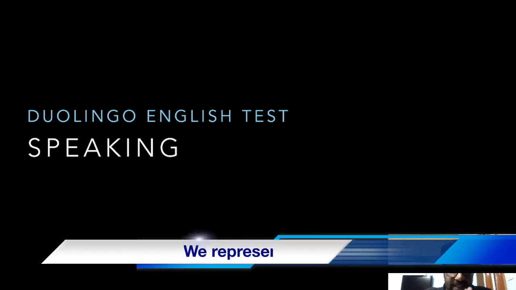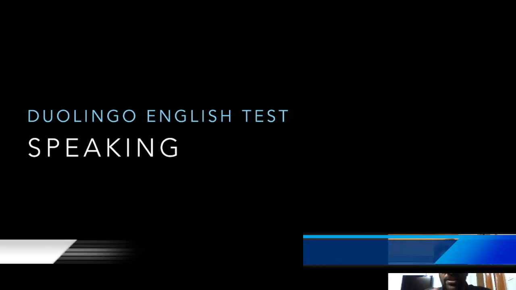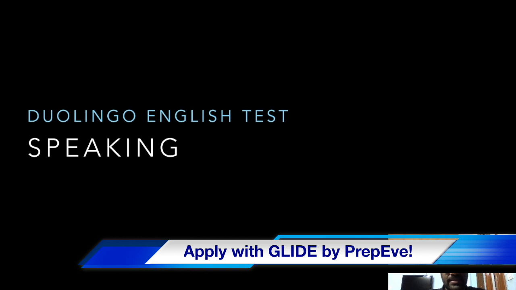First of all, I am going to discuss the most important thing as far as the subjective components of IELTS or Duolingo or any English test are concerned: the parameters on which the examiner or the system is evaluating you.